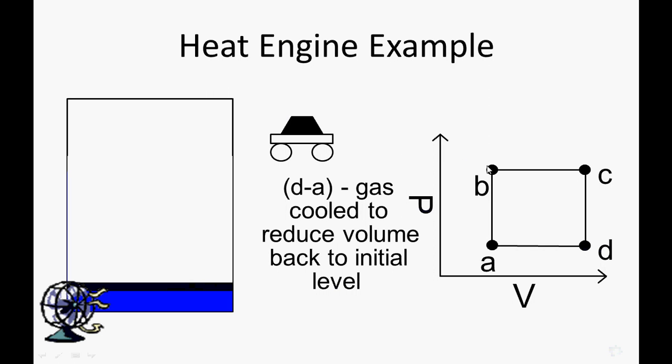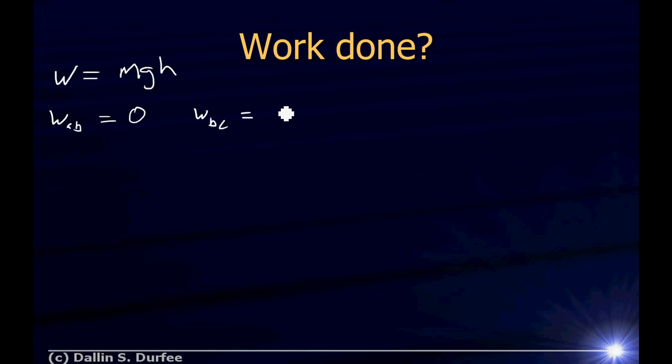A to B is an isovolumetric process, so the work done is 0. There's no work done. When we go from B to C, it's an isobaric process. And as you'll recall, for an isobaric process, P comes out of the integral, and we just get something that looks like negative pressure times the change in volume, right?